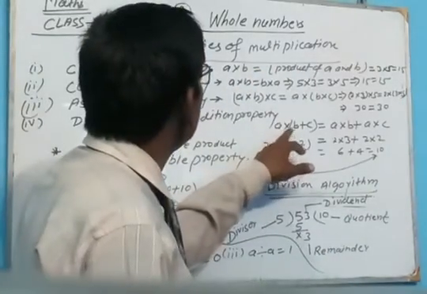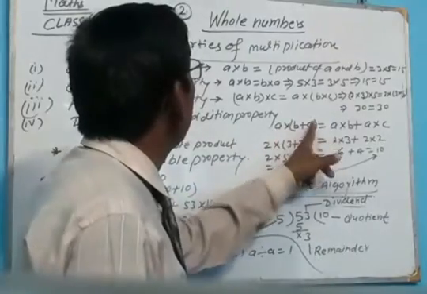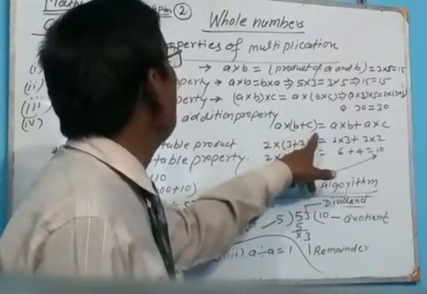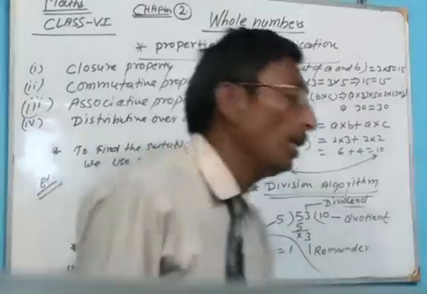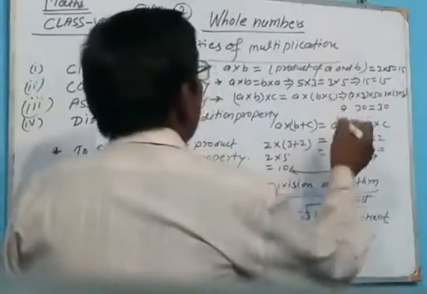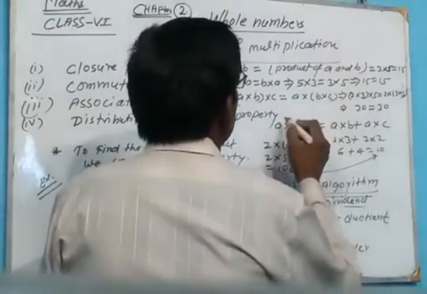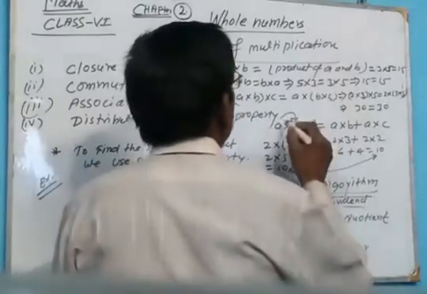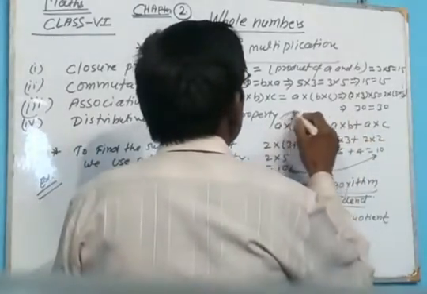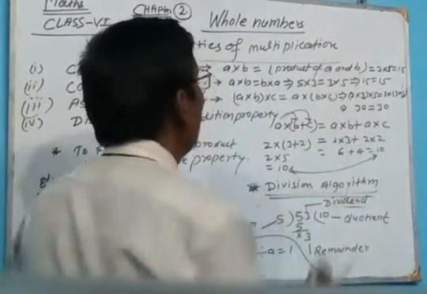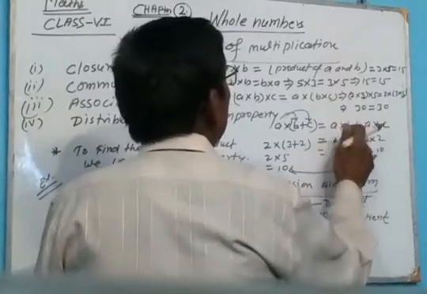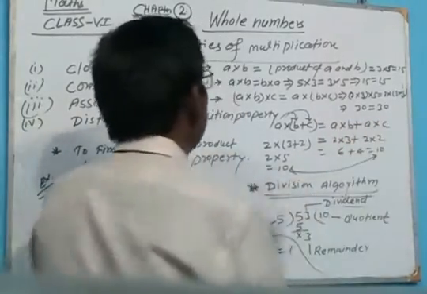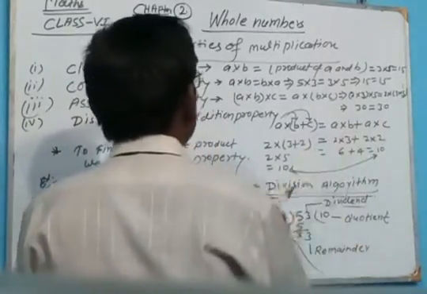When A is multiplied by the addition of B and C, on the right hand side we have A multiplied by B and A multiplied by C, that is A into B plus A into C. We check it and find the result.